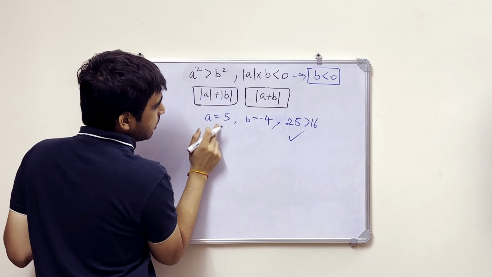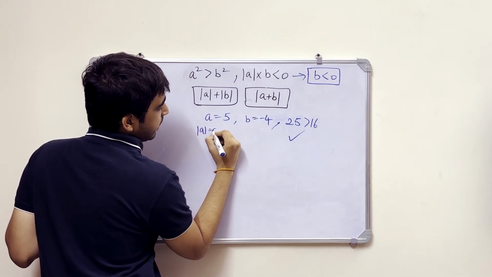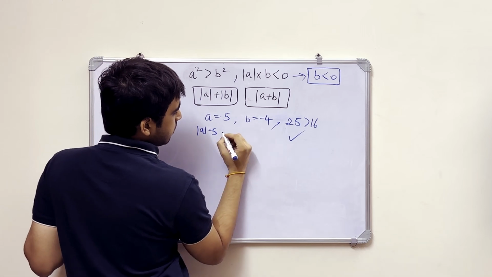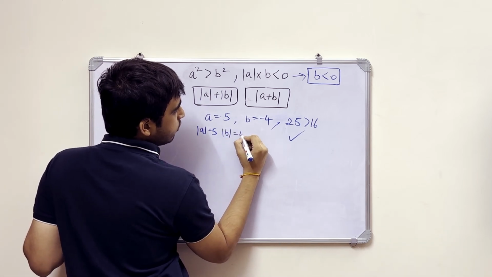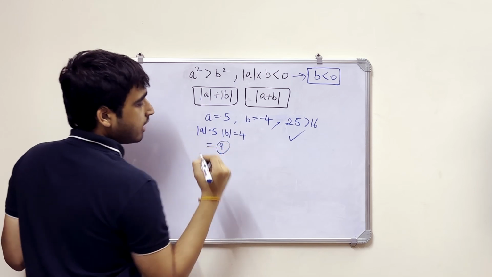So now let's compare these two things. Mod a will be 5, mod b will be 4, so mod a plus mod b will be 9.